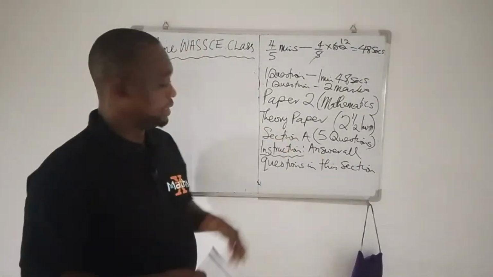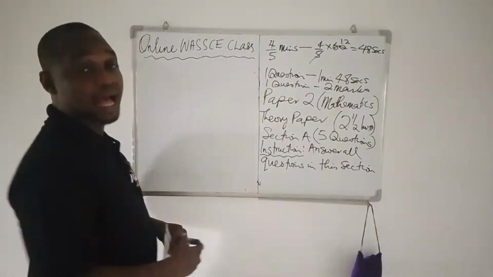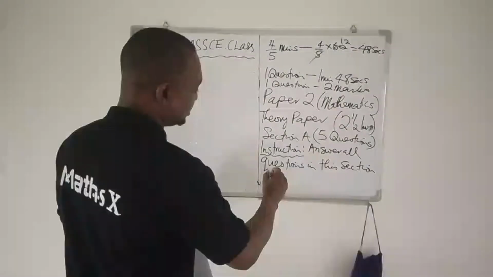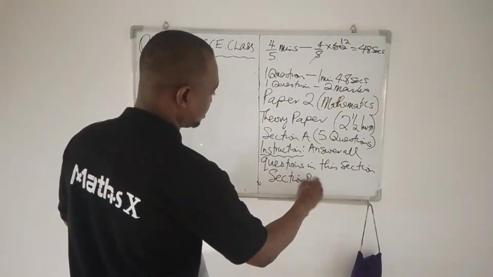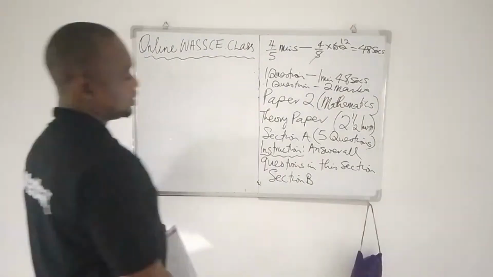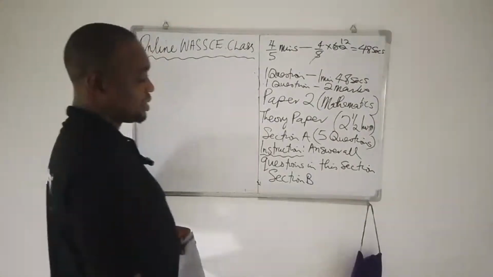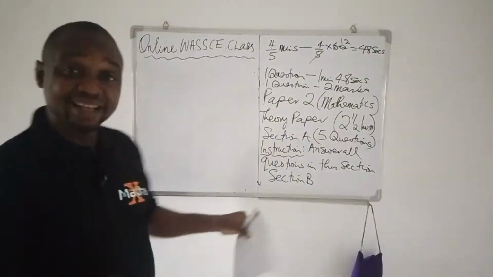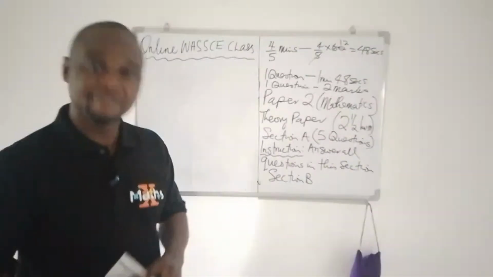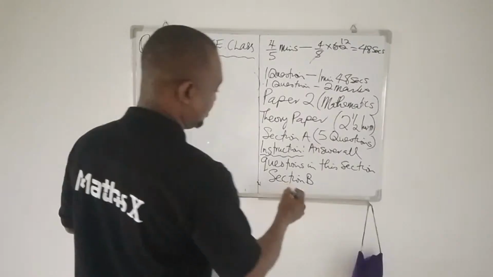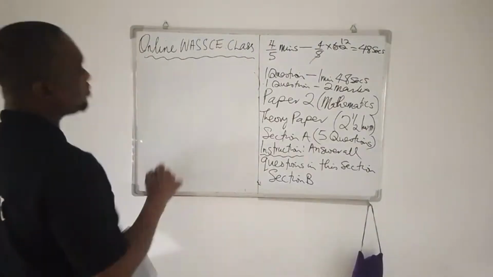So this is for section A. There is another section, that is the section B. The section B has 8 questions, and you are to answer 5. So section B, let's come up here.